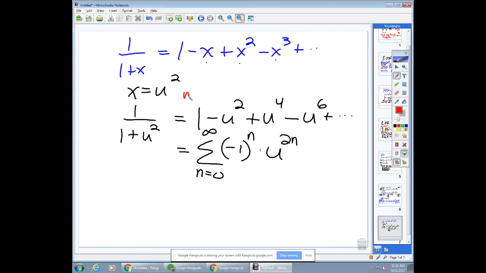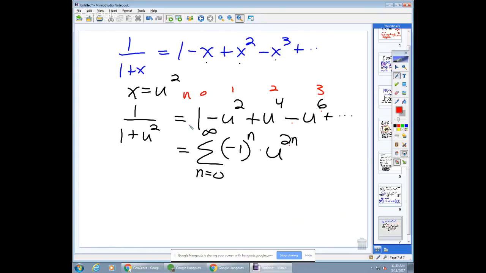Here n is 0, 1, 2, and 3. So if n equals 3, I'll get -1 cubed. That works. And 3 times 2 is 6. Yeah, that wasn't too bad. Sometimes it's easy to look at a list of a sum like this and write a formula for it. Other times it's not so easy. We'll see some next week where it's like, ooh, I don't think I want to do that. But for now we can.